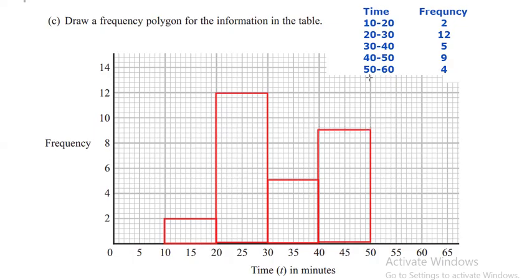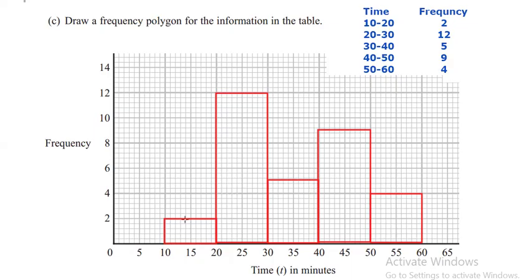And then the last one, 50 to 60, goes up until 4, which is over here. Now, this is the bar chart that has 5 classes, 1, 2, 3, 4, 5.